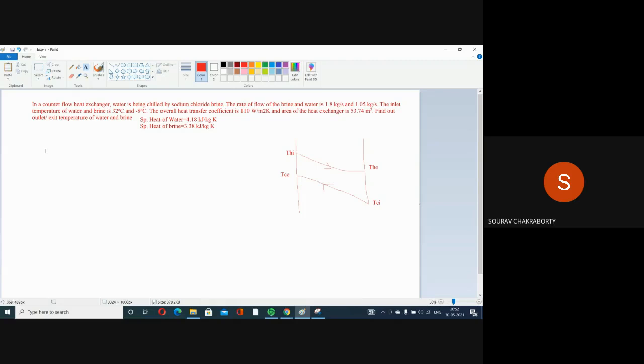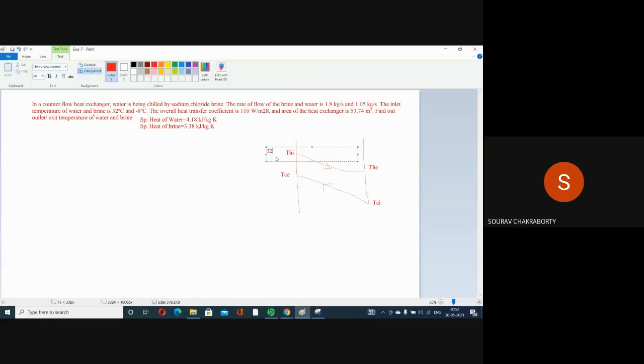What is given? First of all, the given values we will write down. We know THI and TCI are already given. This value is 32 degrees Celsius, and here it is minus 8 degrees Celsius.